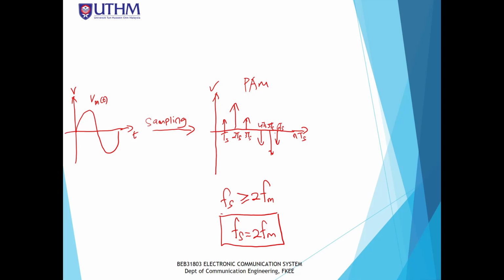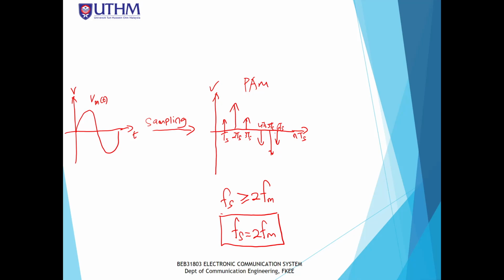The way we sample is by multiplying the input signal with the pulse train, for impulse sampling and natural sampling. But for flat top sampling, we also do a convolution in the time domain with the pulse function.